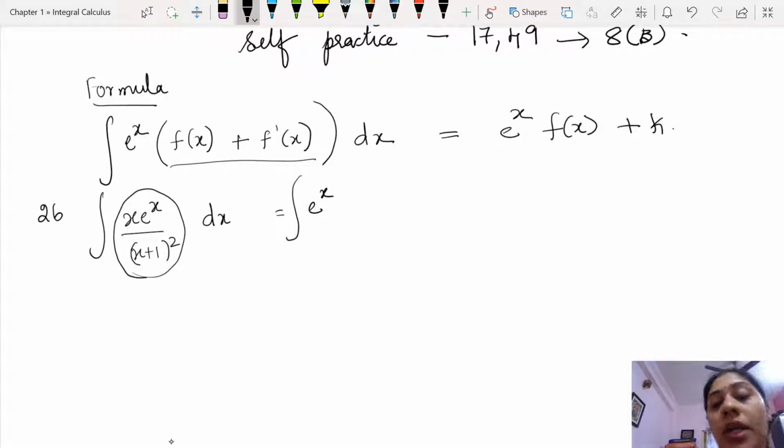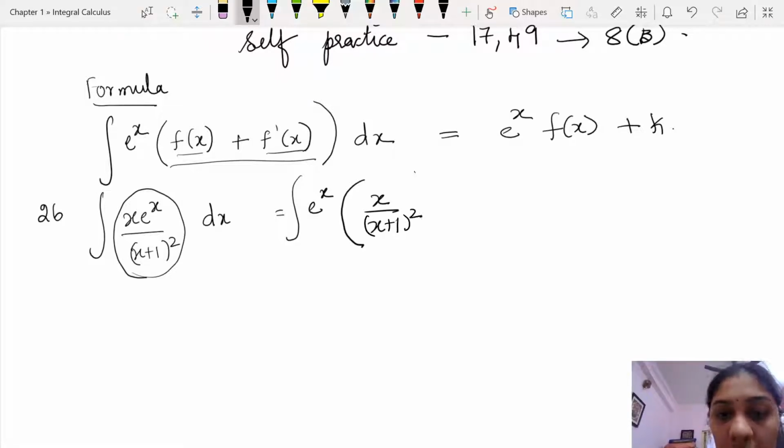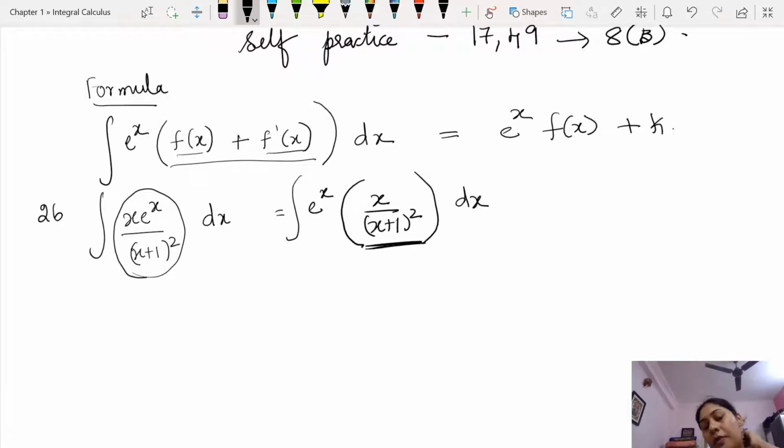I'm going to keep only e power x and put a bracket where I will split it into two terms, f of x and f dash of x. Let us think together for 2 minutes: how are we going to break this single term into f of x plus f dash of x? Any idea? Think about it for a minute.